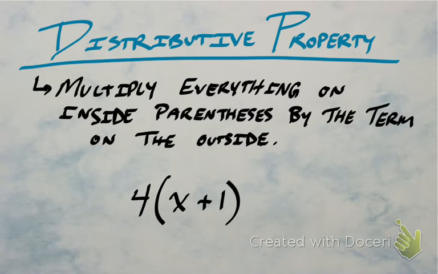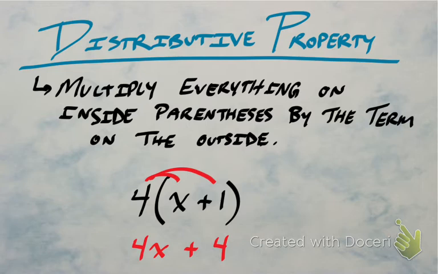So what we do with this 4 is distribute or share it. Whoop, whoop, it goes times both things on the inside. So this simplifies to 4x plus 4, because that 4 is taken times the x, which is 4x, and 4 times the 1, which is 4.